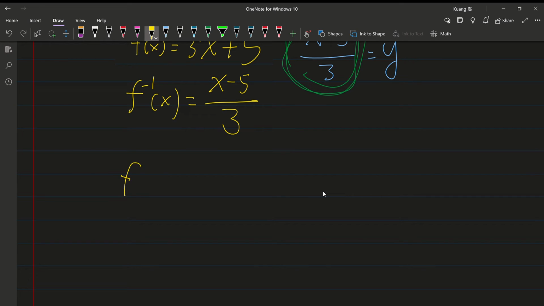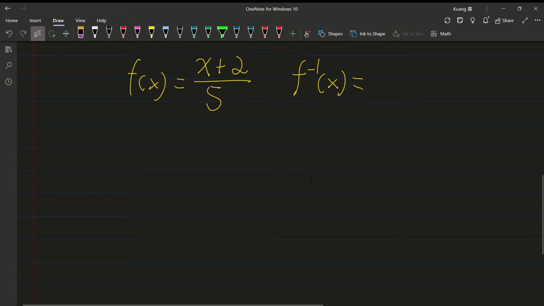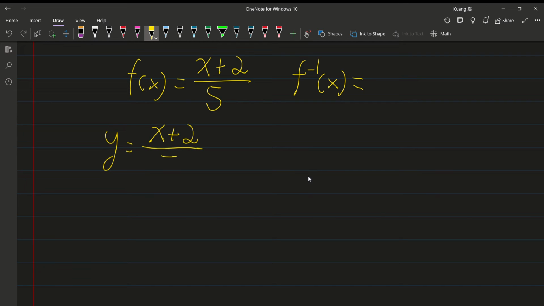What if my f of x is 5x plus 2 over 5? What is the inverse function of this function? Again, first of all, you let y replace f of x. Our goal is to isolate x, to let x become the only term on the left hand side of the equation, and the coefficient of x become 1.